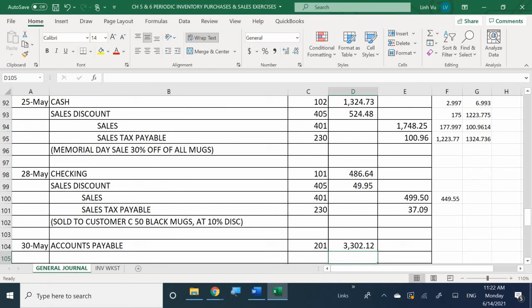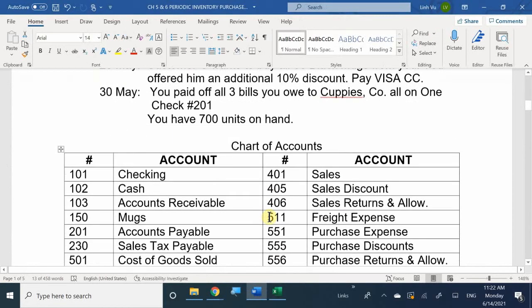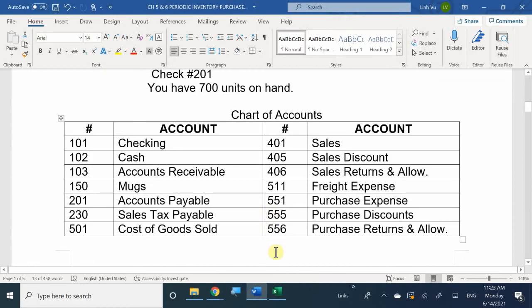Absolutely correct. So in this case, let's take a look at our chart of accounts. Do I have an account to take a discount off of my purchases? Yeah, 505 is my purchase discount, 555 purchase discount.